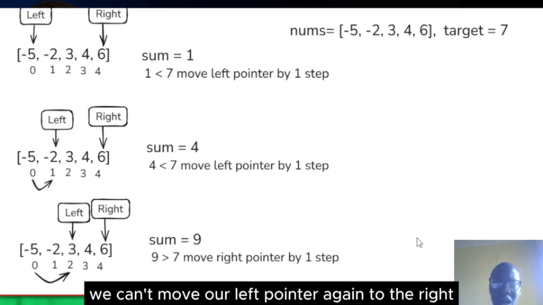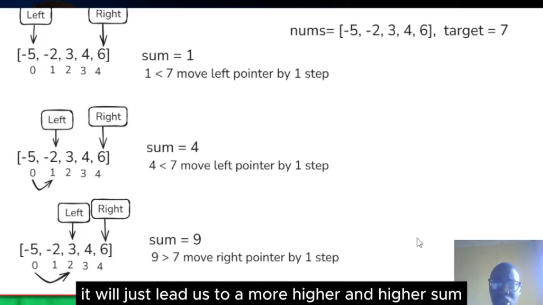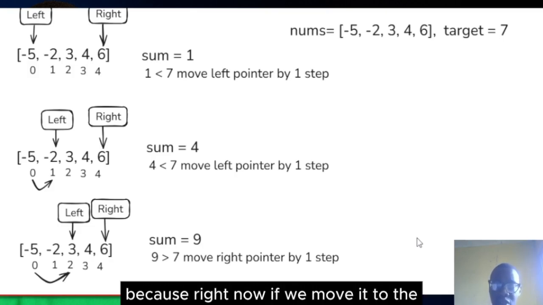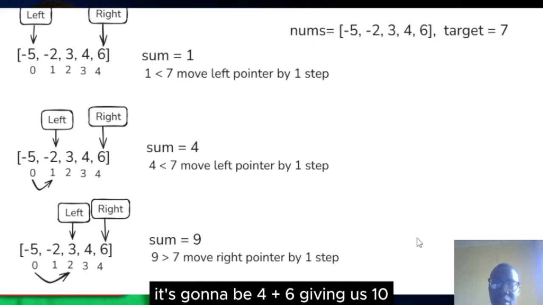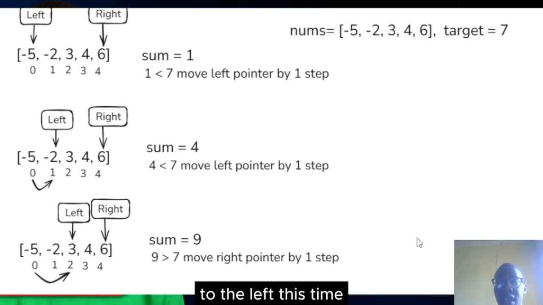So what do we do? We can't move our left pointer again to the right by 1, because if we move it, it will just lead us to a higher and higher sum. Right now, if we move left to the right, it's going to be 4 plus 6, giving us 10, which is much more than 7. So instead, we are going to be moving our right pointer to the left.